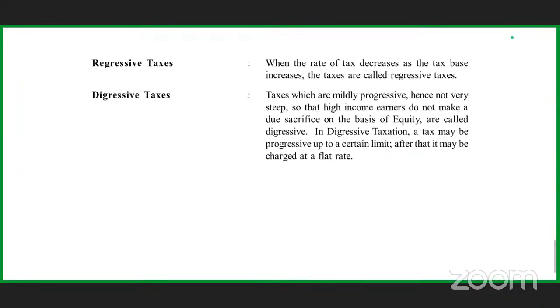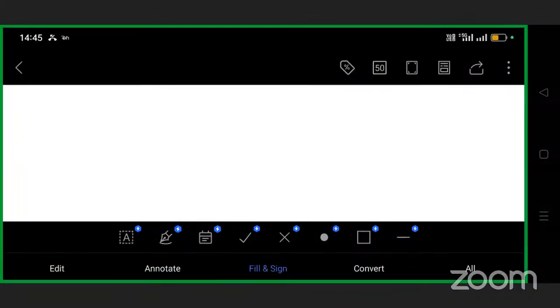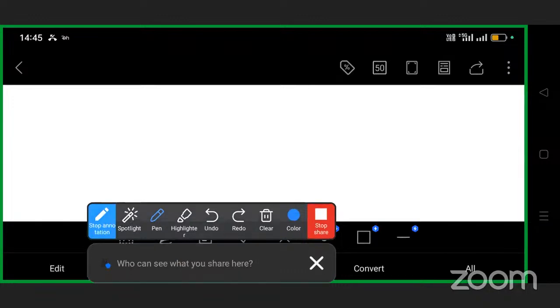So this is the basic introduction about the indirect taxes. Under indirect taxes, as we have discussed, this is the tax which is paid by the customer unknowingly. Earlier we were having different types of taxes, like sales tax, VAT, and excise.